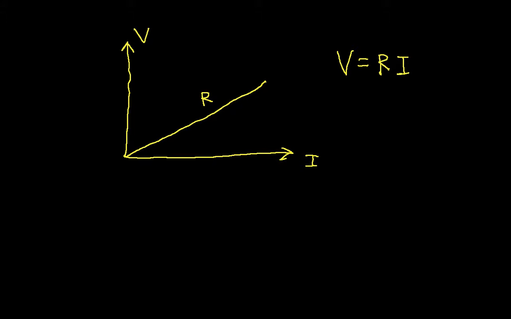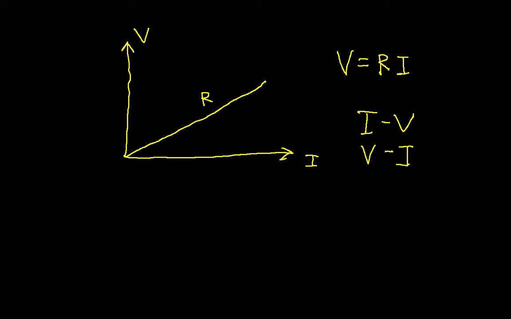This turns out to be useful. In fact, this is a very useful way of thinking about components and how to model them. This is called, depending on who you talk to, an IV curve or a VI curve. I've seen both used. In fact, I end up using both on a fairly random basis.